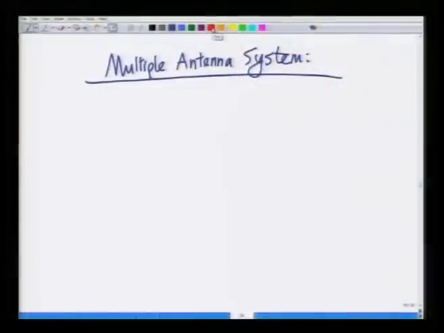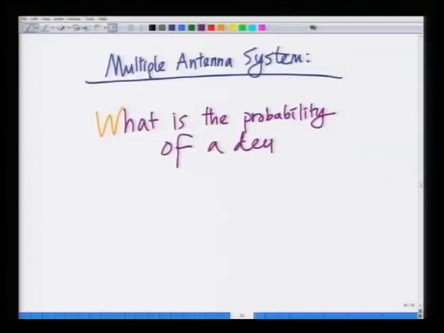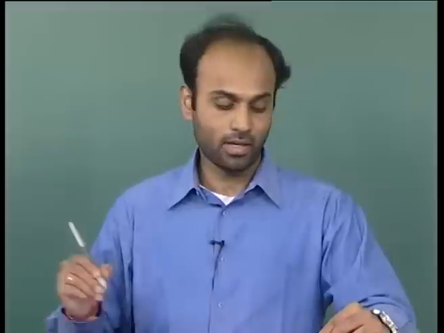In this multiple antenna system, what is the probability that the system is in a deep fade?